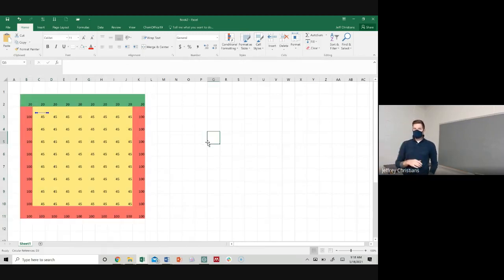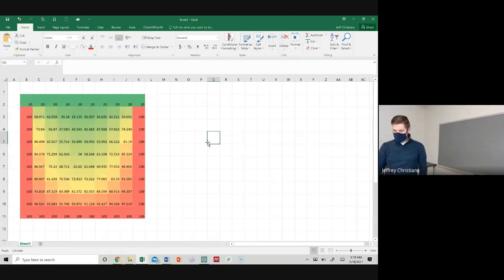So it automatically picks the colors. The big numbers are going to be red. The small numbers are going to be green. Okay, so now I have everything set up. I'm ready to go, so we'll push F9. See what happens. Isn't that kind of fun?